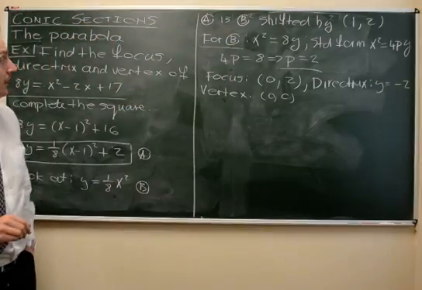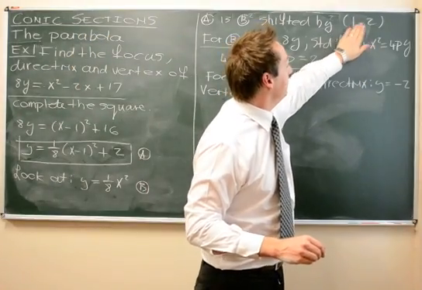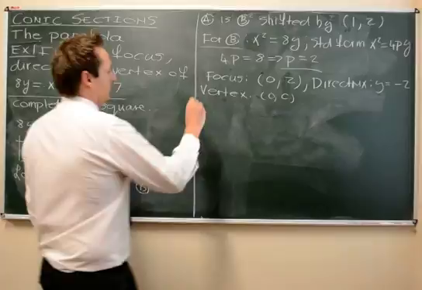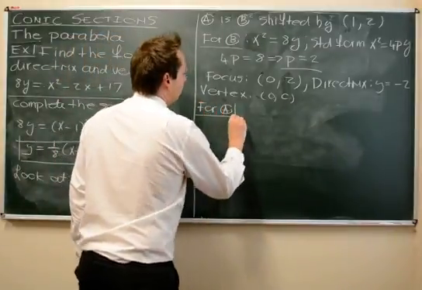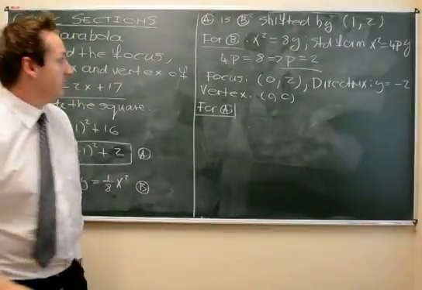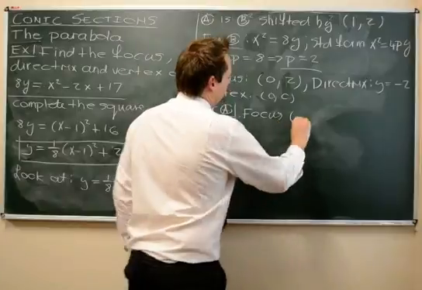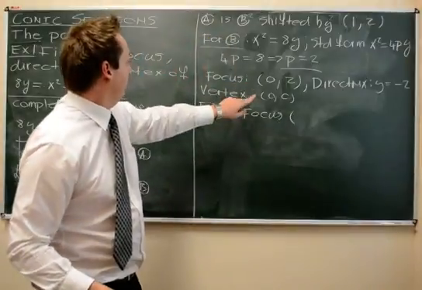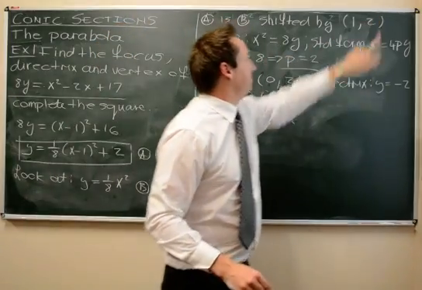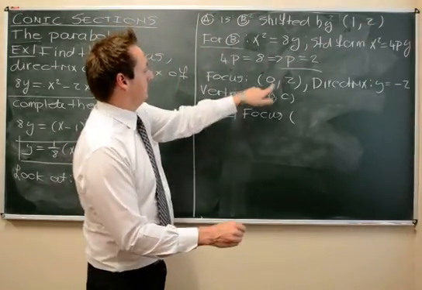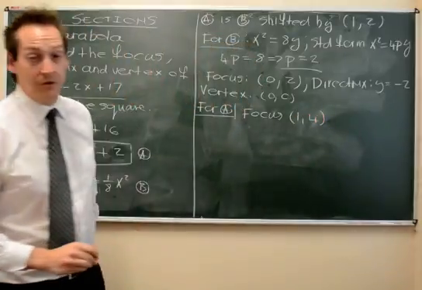Now for A, we just have to shift everything 1 unit to the right and 2 units up. So for A, our original parabola, the focus is the focus of B, which is (0, 2), shifted 1 unit to the right and 2 units up, which gives (1, 4).